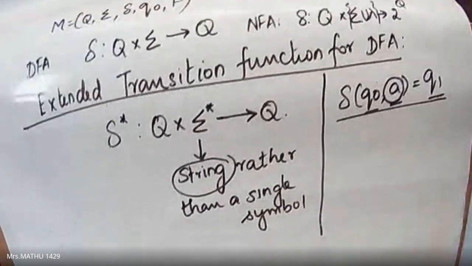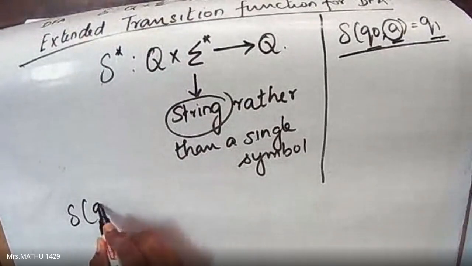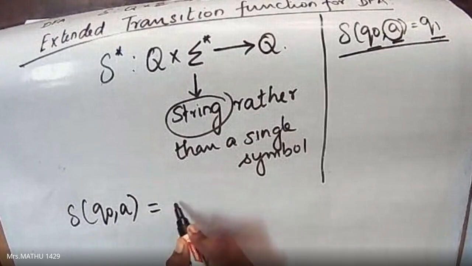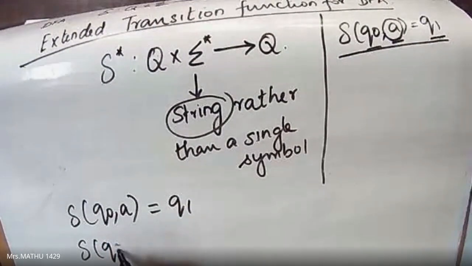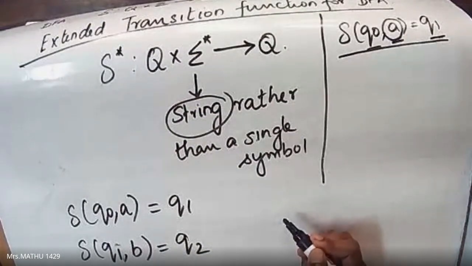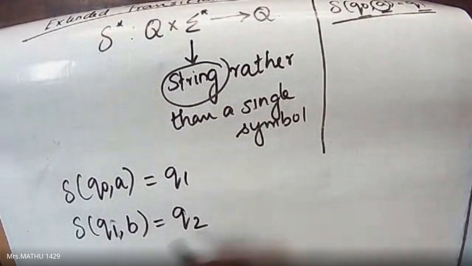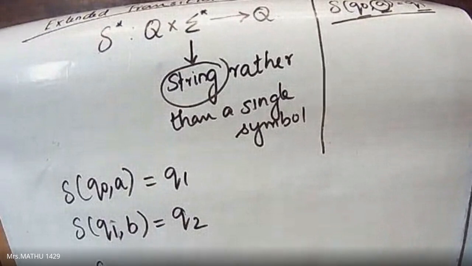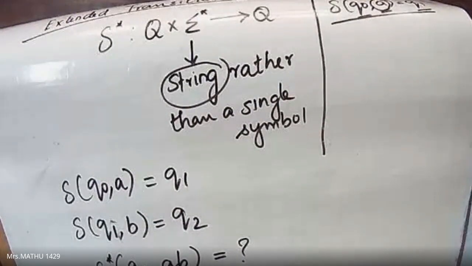For example, let me take an example of transitions. Let us take delta of q naught comma a is equal to q1, and let me take another transition function, delta of q1 comma b is equal to q2. So now, delta star of q naught comma ab is equal to what?